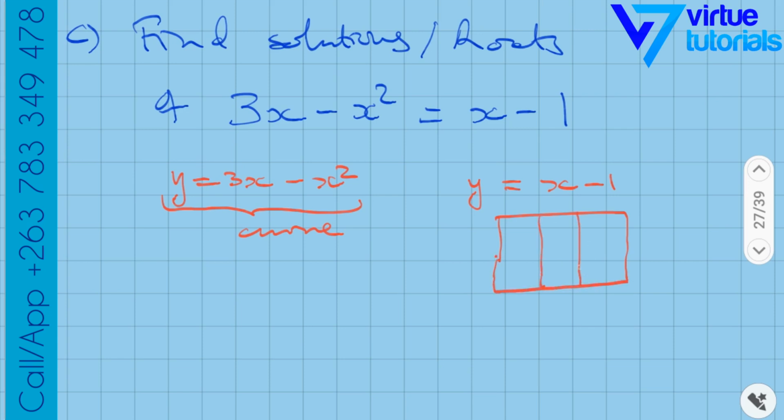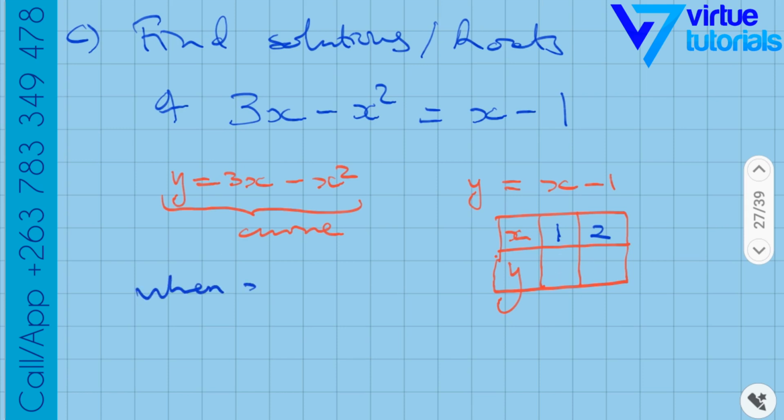You need to have a table of values, right? X and y. So you need to find corresponding values of x. So if you are drawing such a line, you pick any two values of x. So maybe I can pick 1 and 2 and then find the corresponding values of y, right?